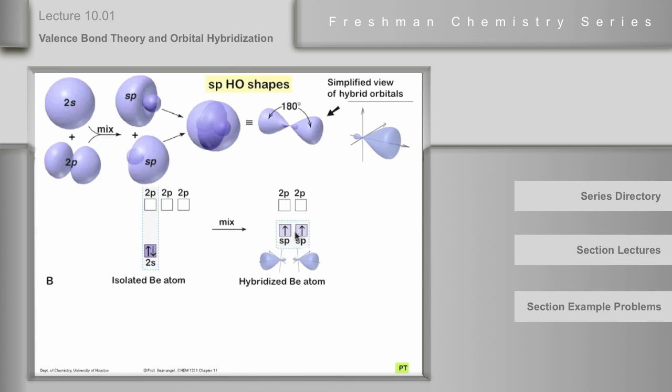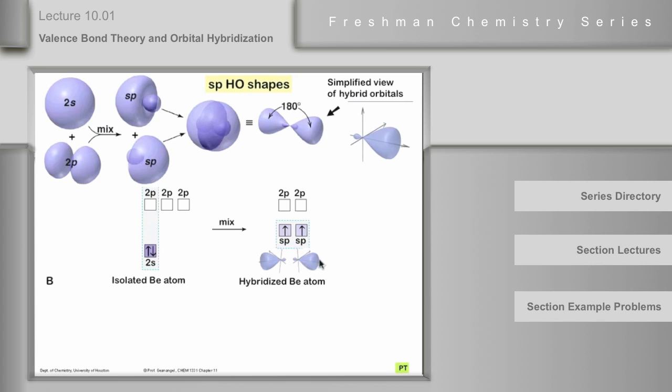Hund's rules still apply. So we have two orbitals, same energy, put in two electrons. The idea will be to fill each one halfway and have parallel spins. And here's the 2p atomic orbitals up here that are sort of ghostly companions. They're not really doing anything.